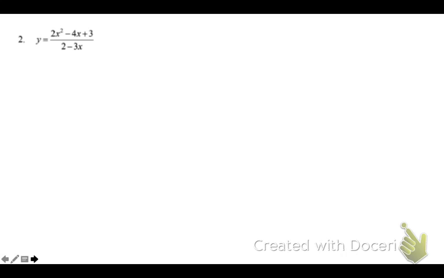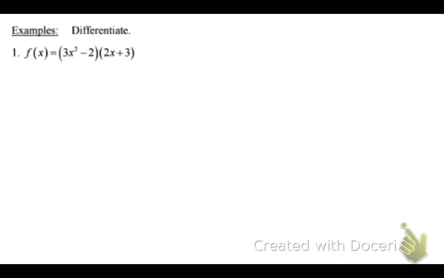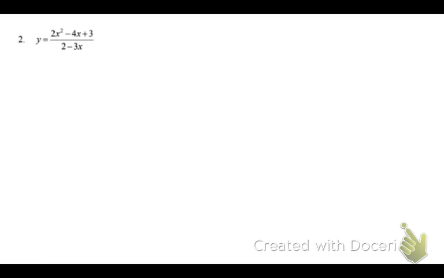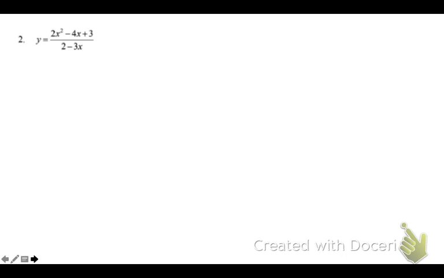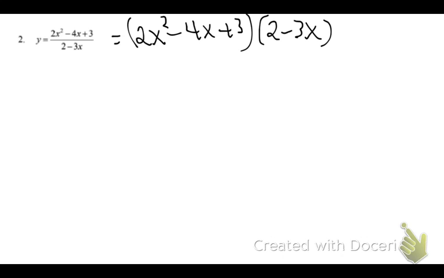So we could algebraically manipulate this to become 2x squared minus 4x plus 3, and turn this into a product rule by moving this up to a power of negative 1.